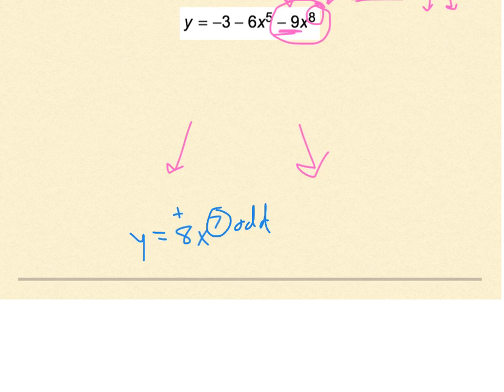So when it's odd, our end behaviors are going to be different. Do we start going up or start going down? Go back to the page, 2 pages before. So if we have a positive, odd... Oh, down. Down and up. So it goes down and then up.